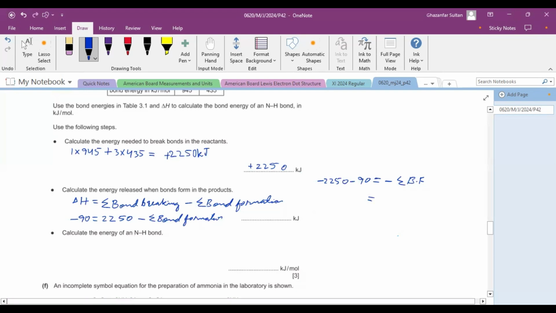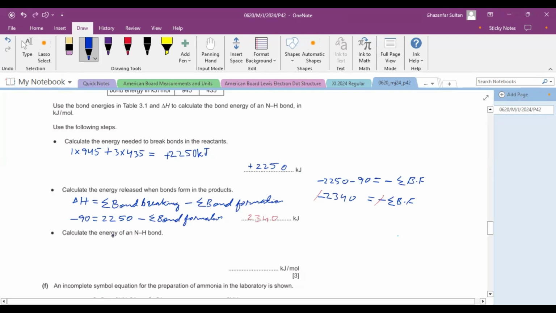So it becomes 2340, and as both sides' sign is minus, we can remove this. So our answer would be 2340 kilojoule. So this is one of the ways to calculate the energy released for bond formation.